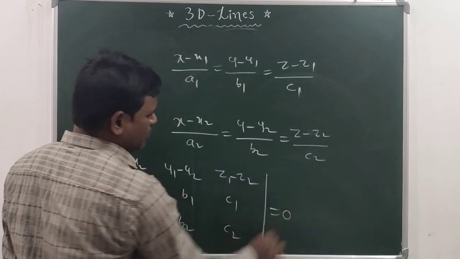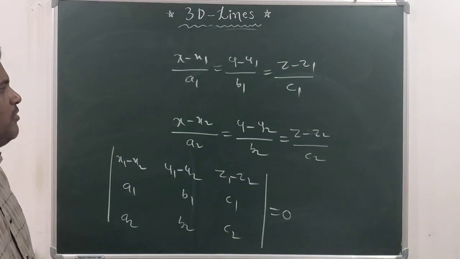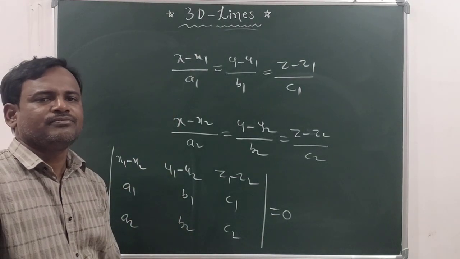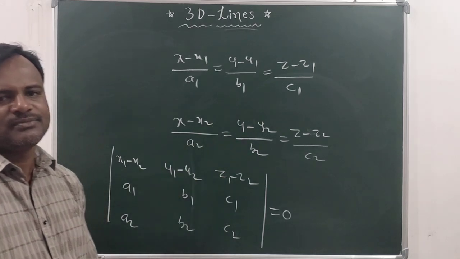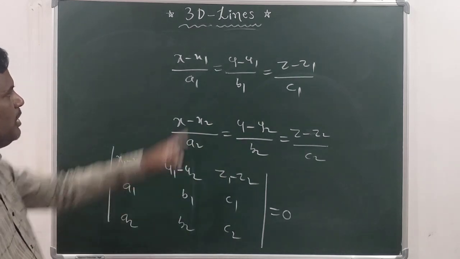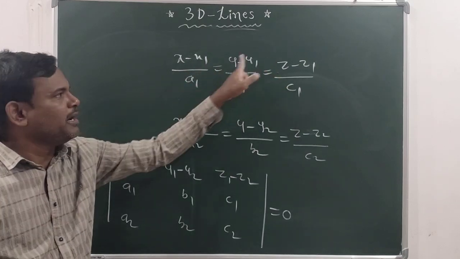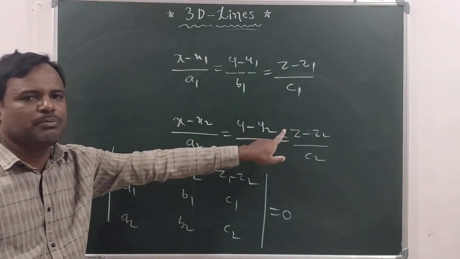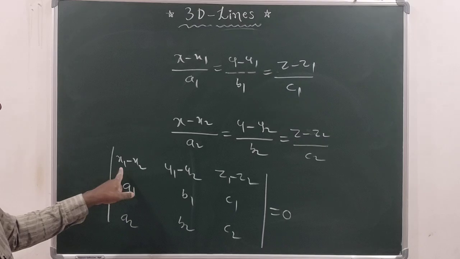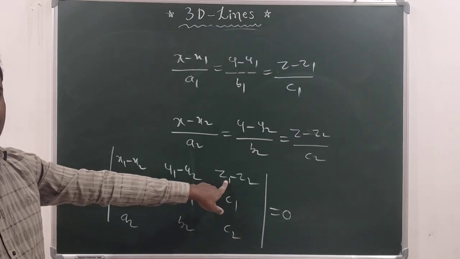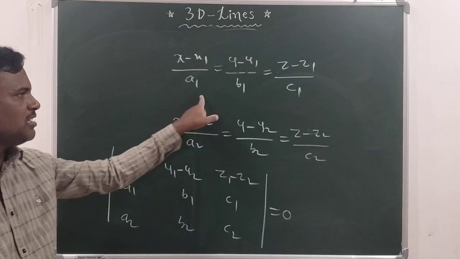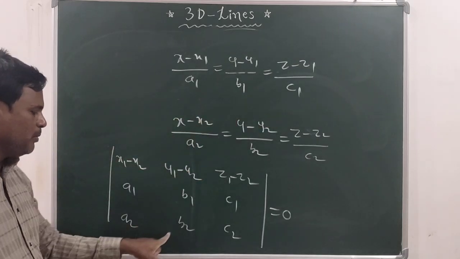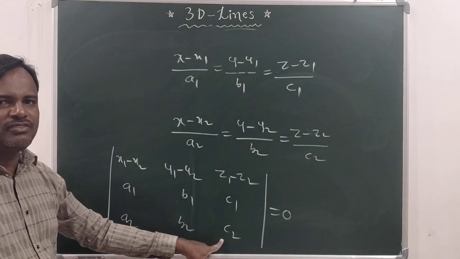If this determinant is equal to 0, then they belong to the same plane, which means they are coplanar lines. Here x1, y1, z1 is a point on this line, x2, y2, z2 is a point on this line. So take the difference of x coordinates, y coordinates, z coordinates, and here a1, b1, c1 are the DRs of this line, a2, b2, c2 are the DRs of this line.